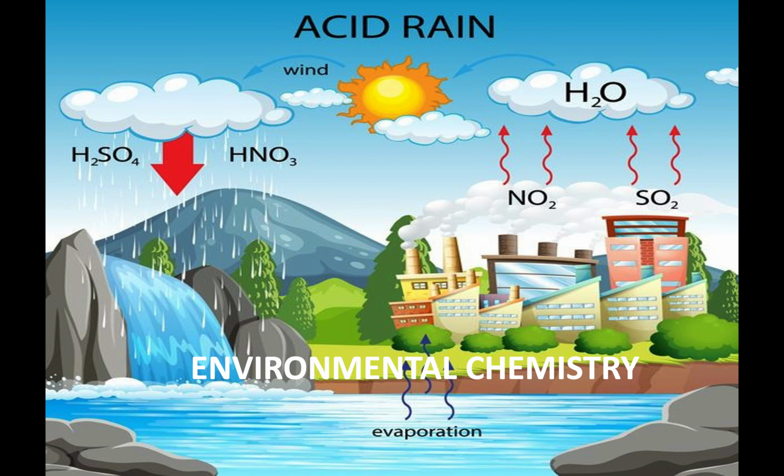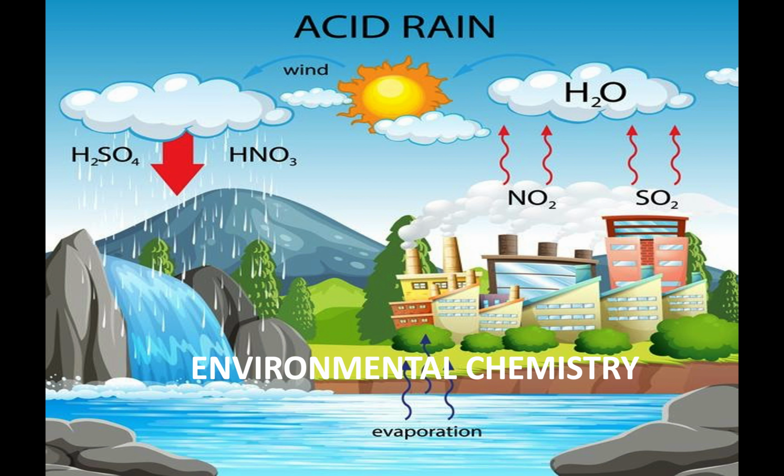First, as you can see in the figure, we are going to see what is acid rain. When the pH of the rainwater drops below 5.6, that is a value, it is called acid rain. Acid rain is the way in which the acid from the atmosphere is deposited on the earth's surface.